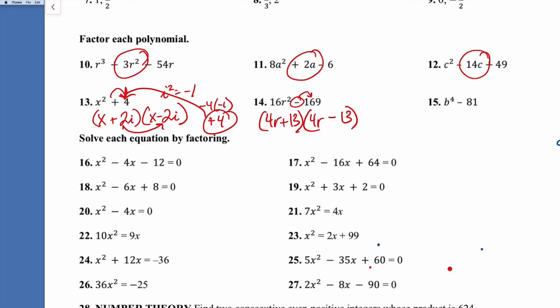That was the tricky part about 13. The tricky part is that they were using complex numbers, and you have to have complex numbers because you had a missing middle term, but you only had a binomial here, and on top of that, the operation was plus.